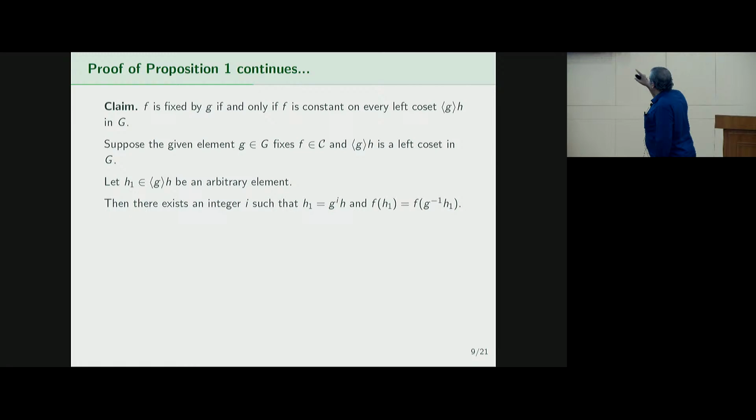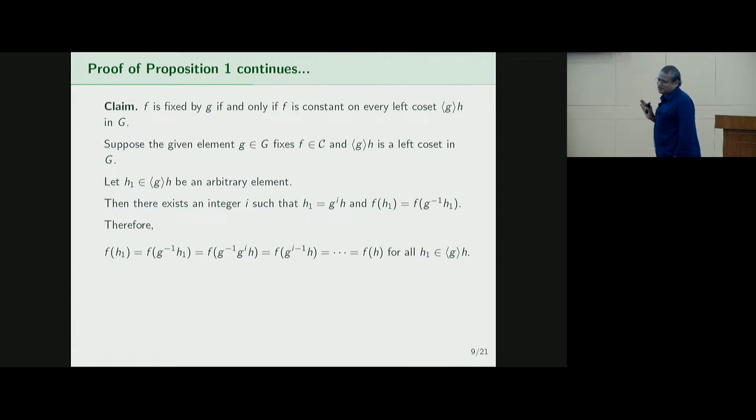So f of h1, by definition of the action, we can write as f of g inverse of h1. Now we check the value of f of h1. f of h1 is going to be f of g inverse of h1, but h1 I can replace by g power i times h, so I can go down, and it becomes f of h.